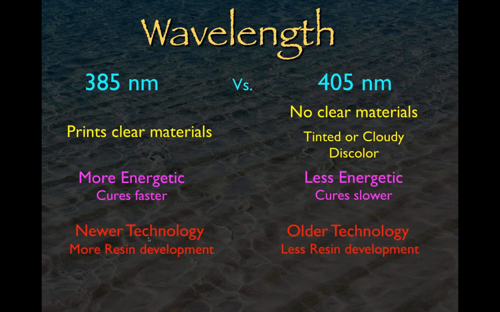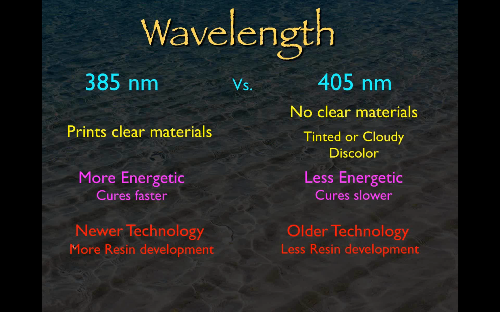This is a newer technology versus an older technology of 405. A lot of the first printers were in this wavelength. Now, from what I see, there's a little bit more resin development going on out there in 385 resins than in 405 resins.